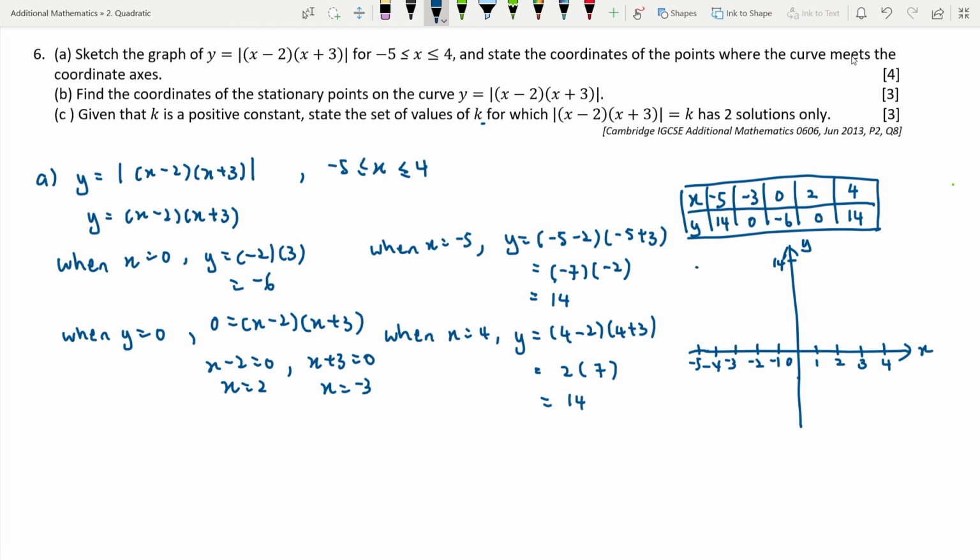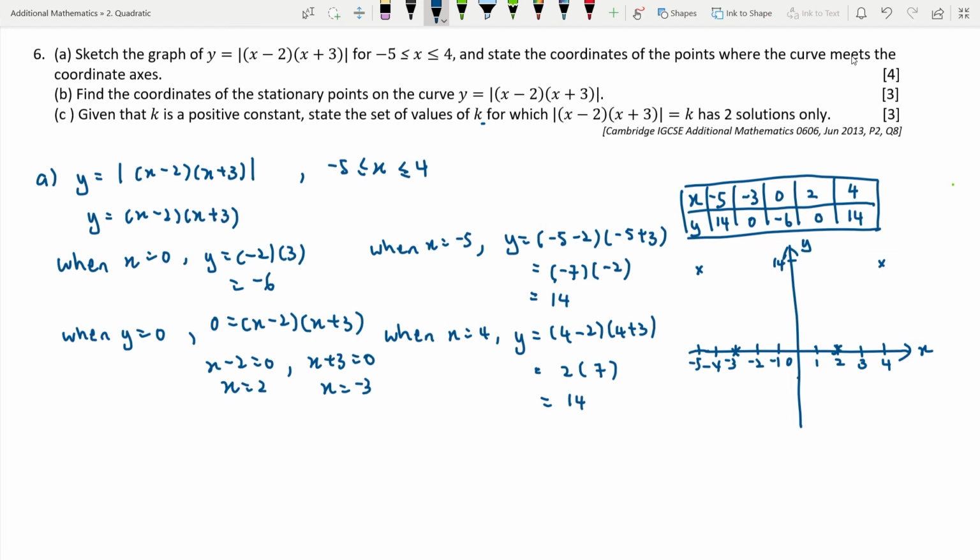We have 2 of them, -5, 14, and also 4, 14. -3 and 2 both have 0. When x is 0, y is -6. For this point, I will plot it after sketching the curve.